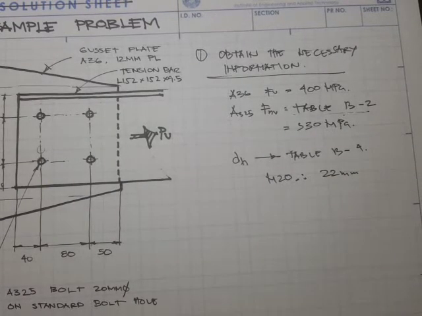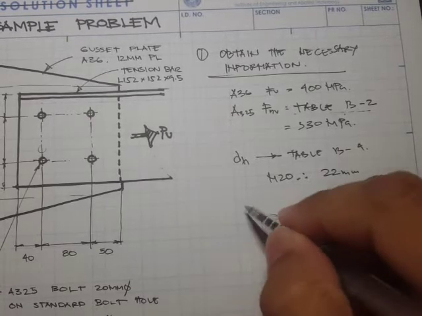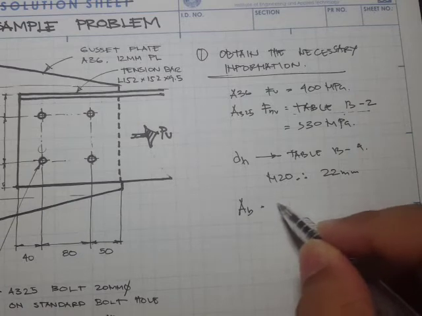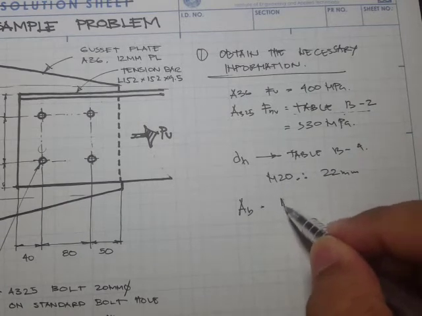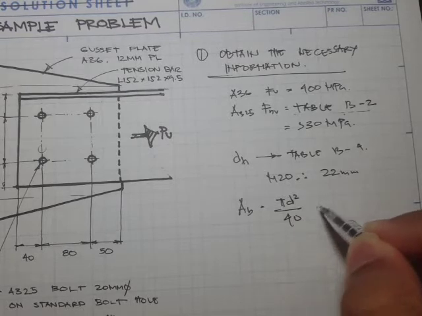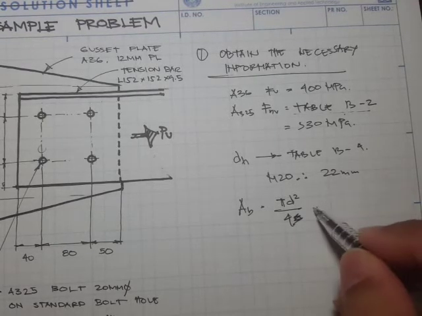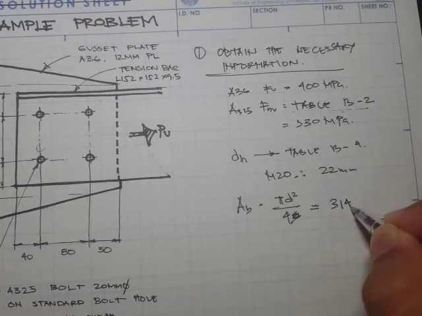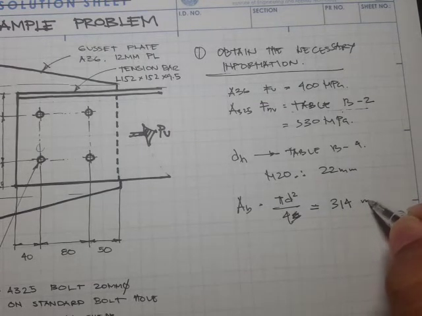And the area of the bolt can also be obtained from another table, but we can also solve that. Pi d squared all over 4, and that's going to be 314 mm squared.